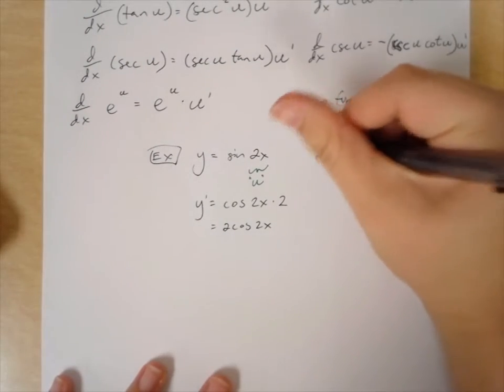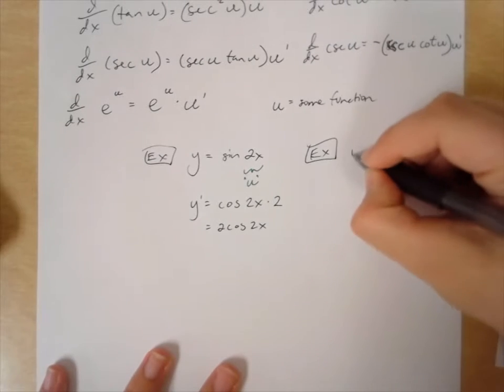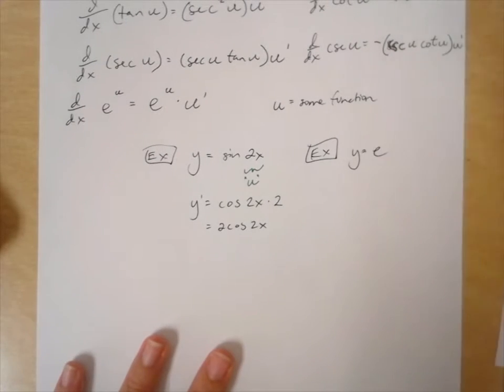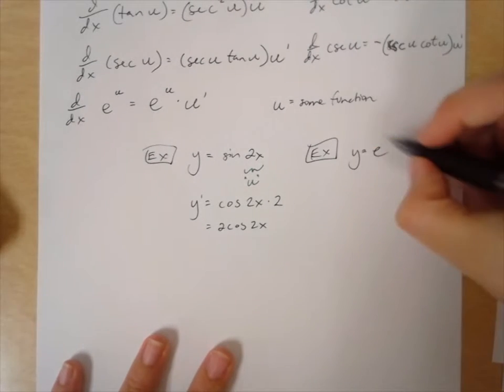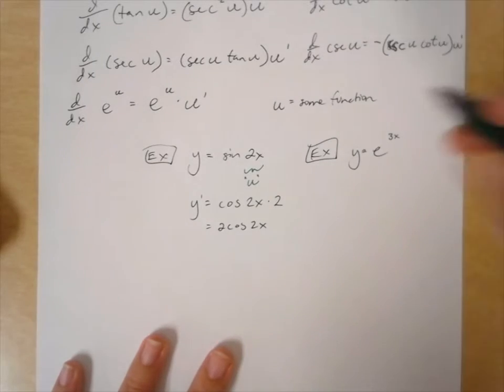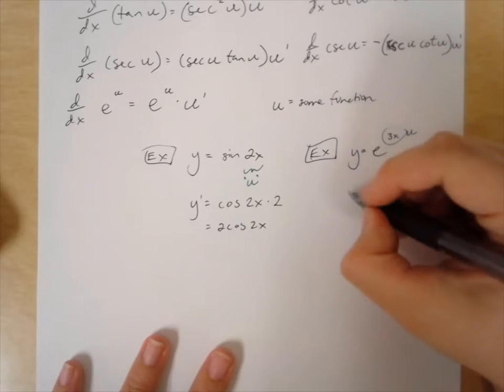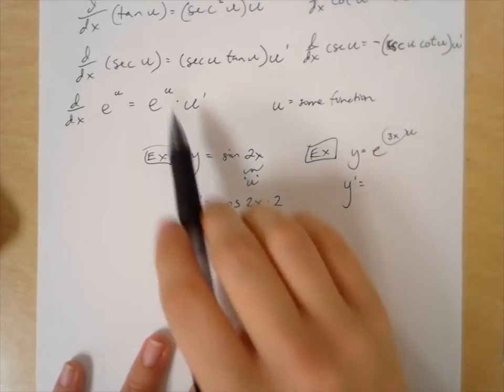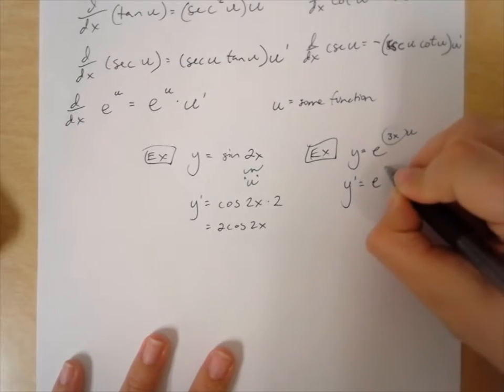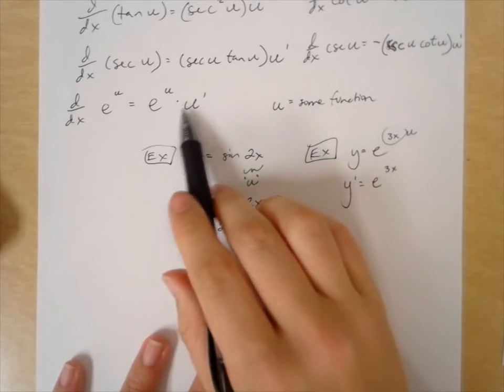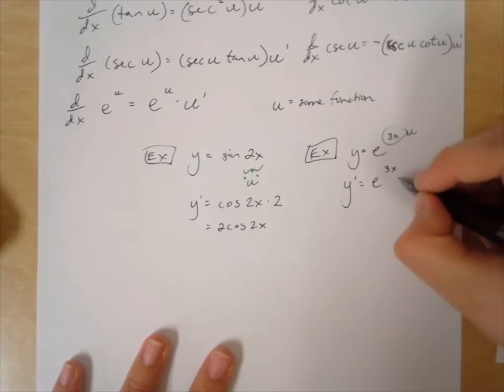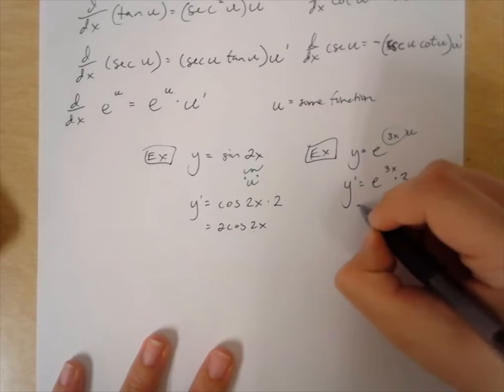If we wanted to know the derivative of y equals e to the 3x, well, here is our u this time. So if we follow our rule, we know y prime is equal to e to the 3x times the derivative of 3x, which in this case is just 3.